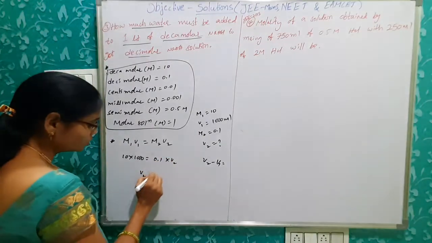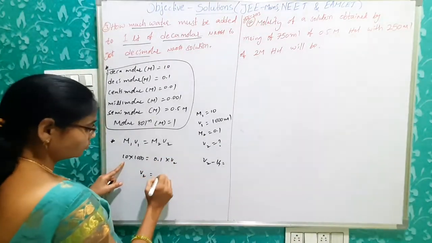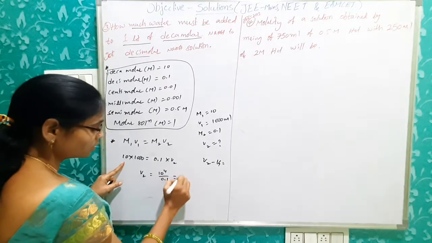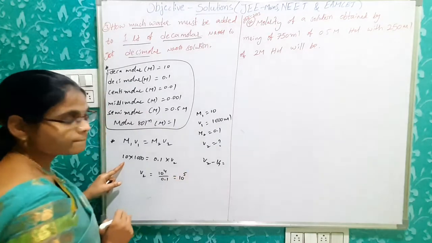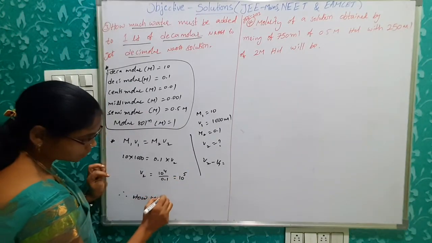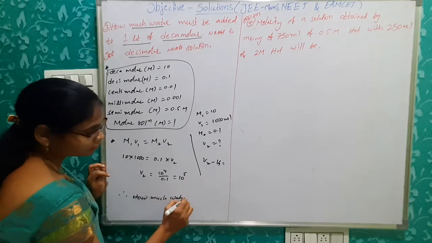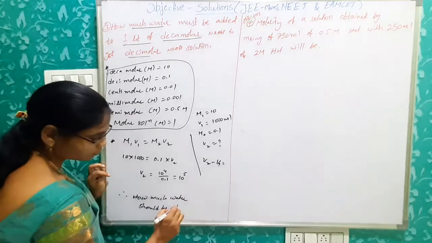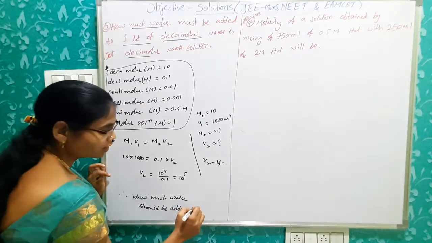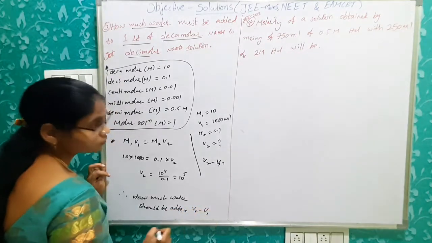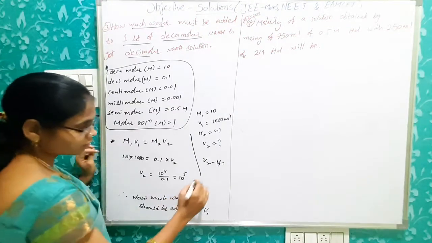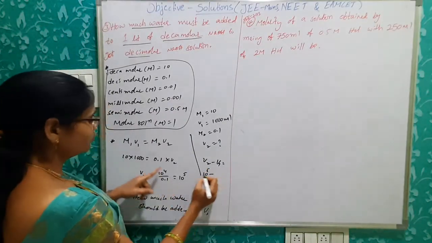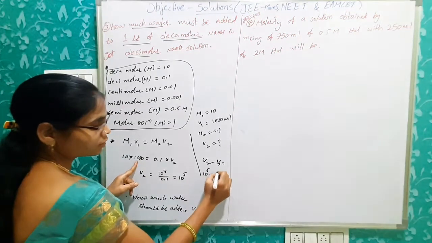Then V2 is equal to how much? 10 power 4 by 0.1, that is 10 power 5. Then how much water should be added? We get it by V2 minus V1. V2 is calculated as 10 power 5, V1 is given as 1000, meaning 10 power 3.